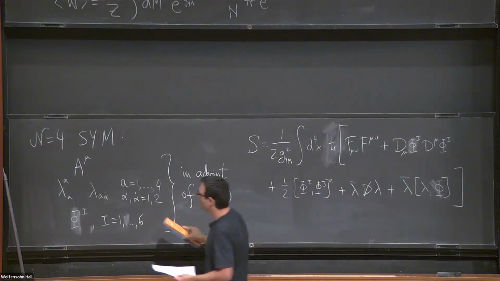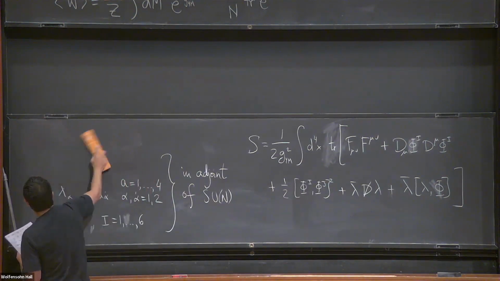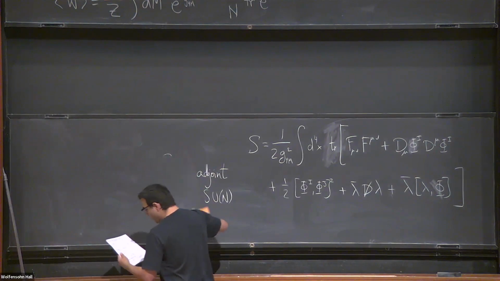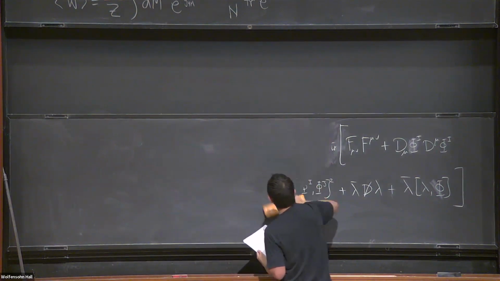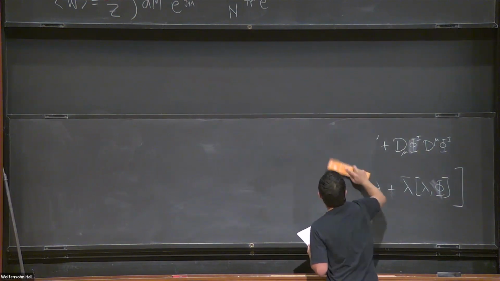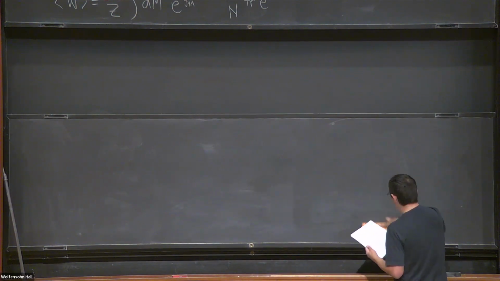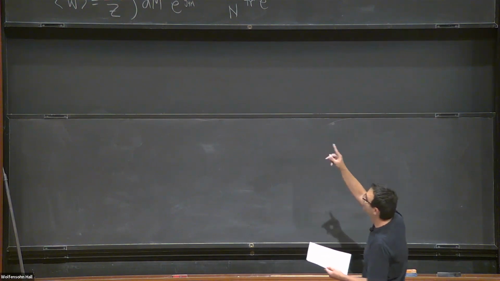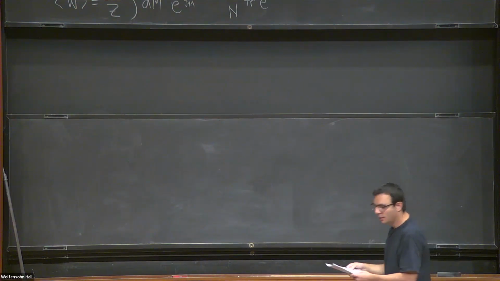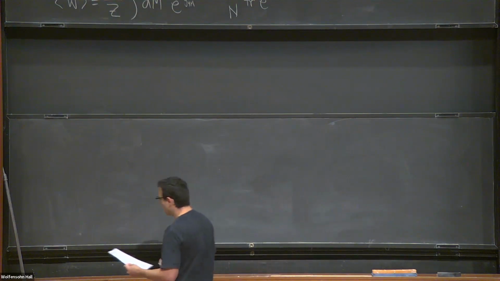So they conjectured this, as I mentioned. This was later proven using supersymmetric localization. But how do we see that this makes sense? These are just Gaussian integrals, which can be done.